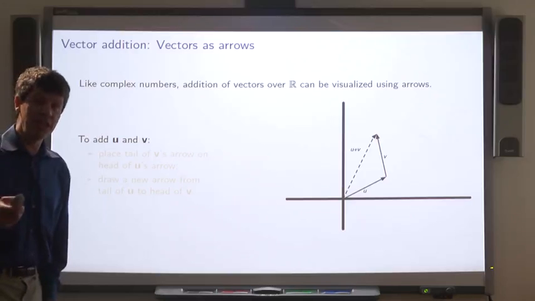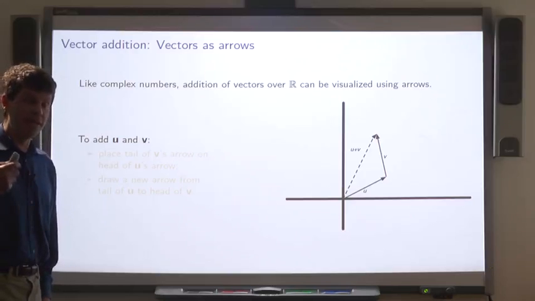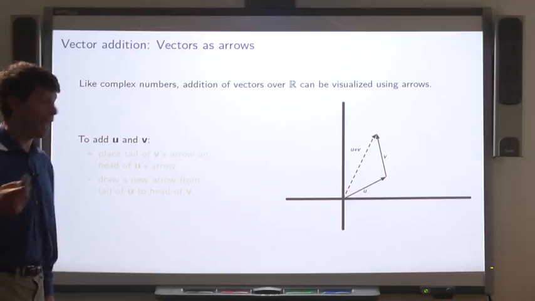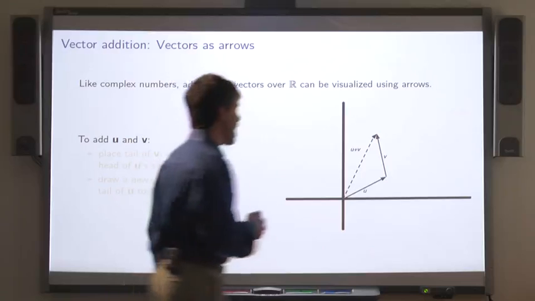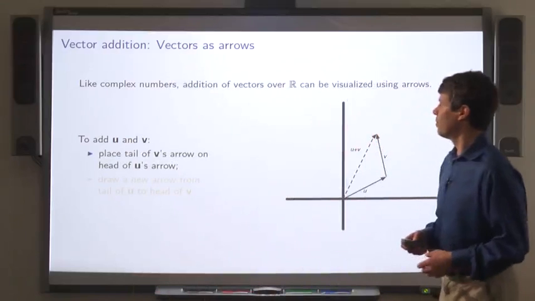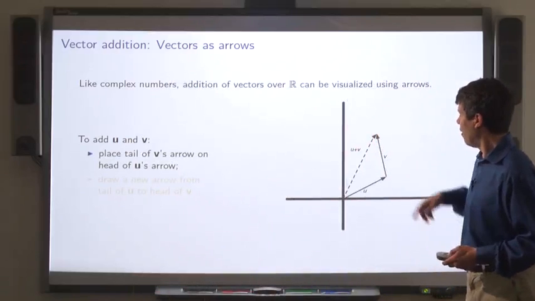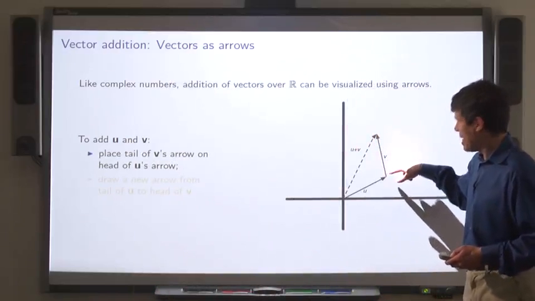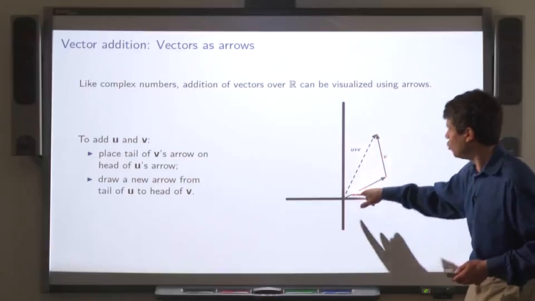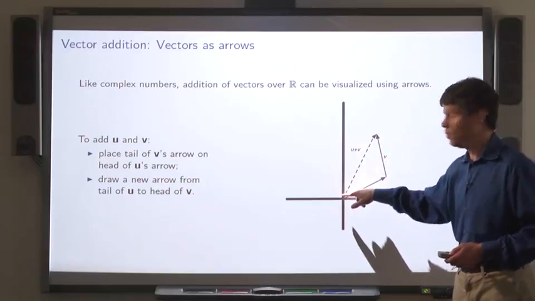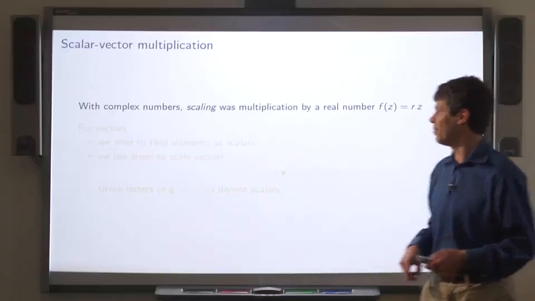Now, addition can be interpreted as an operation on arrows, just as in the case of complex numbers. To add vectors u and v, you place the tail of v's arrow at the head of u's arrow. And now you draw a new arrow from the tail of u to the head of v.